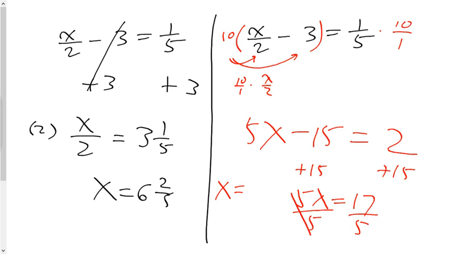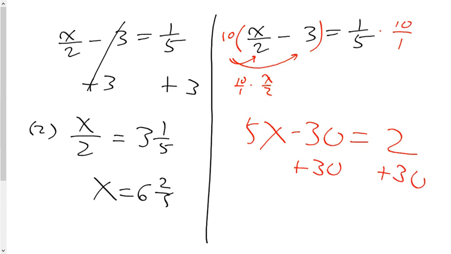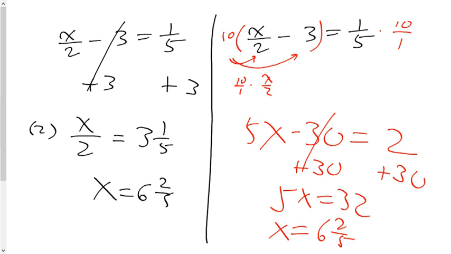I made a mistake right here. 10 times negative 3 is negative 30. I'm going to add 30 to both sides. Oopsie daisy. 5x equals 32. Divide both sides by the coefficient of 5, and x will equal 6 and 2 fifths. The exact same answer that we had before.